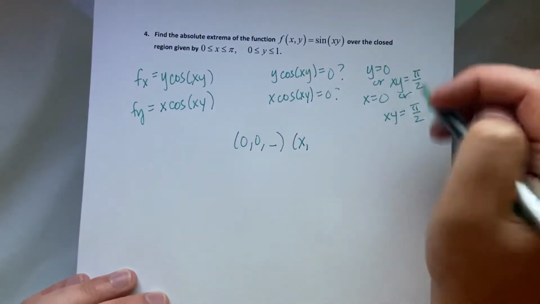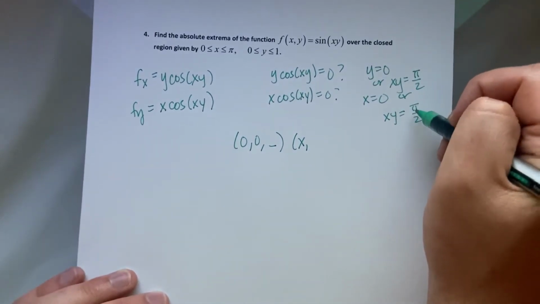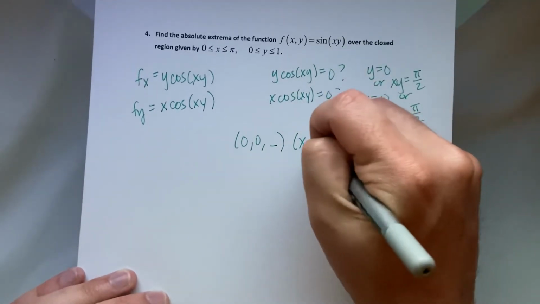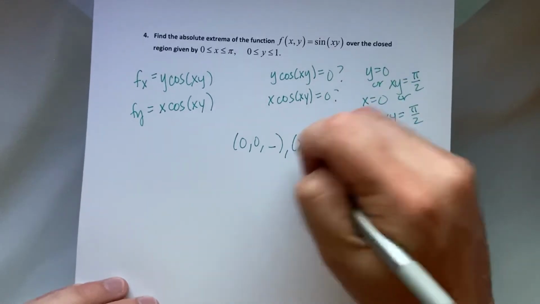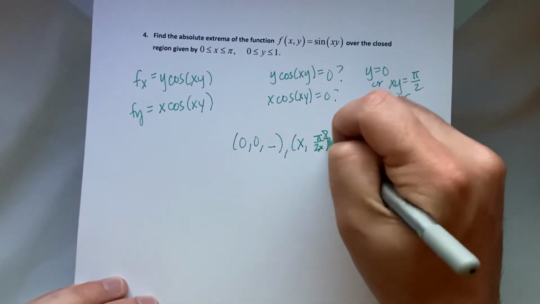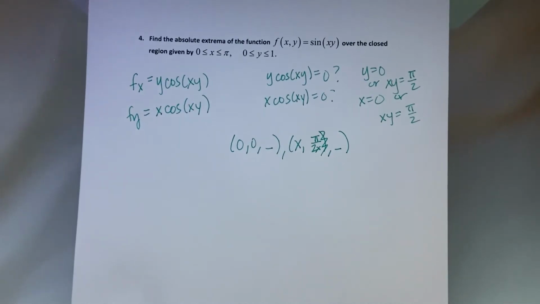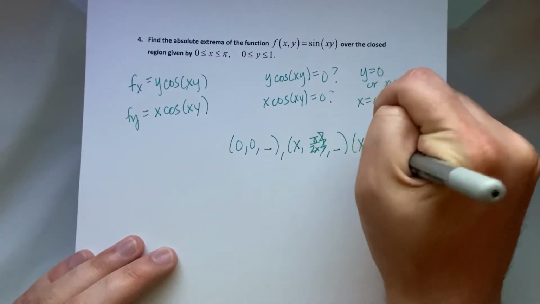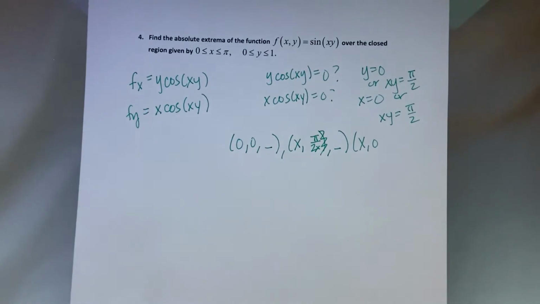That means y, if we solve for x, has got to be pi divided by 2x, just by dividing the x to the other side. We can have only one of them be 0, so x could be anything as long as y is 0. You would think.